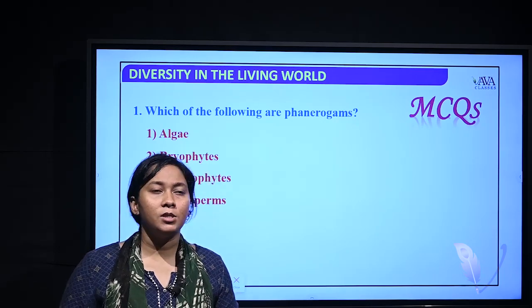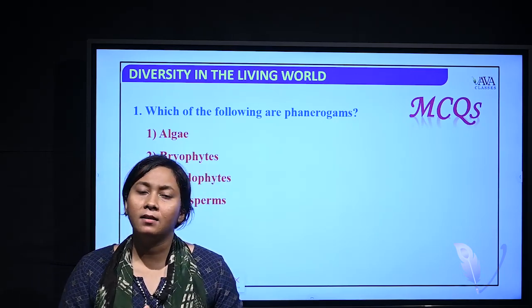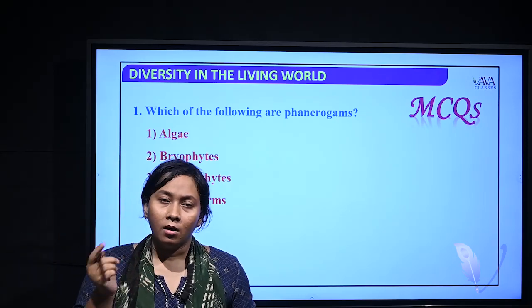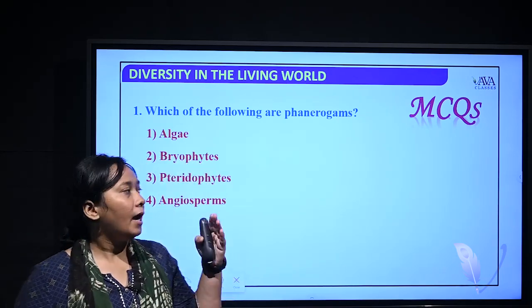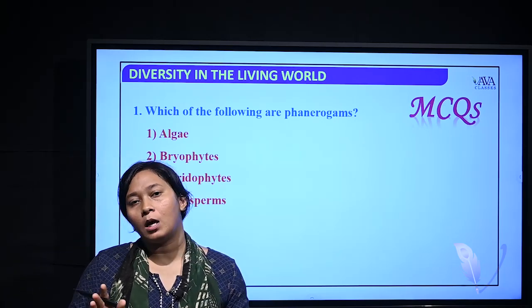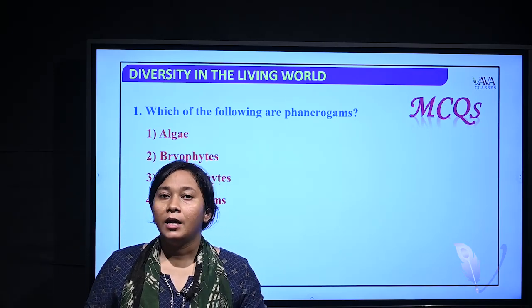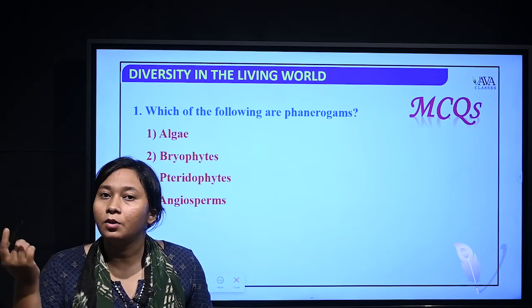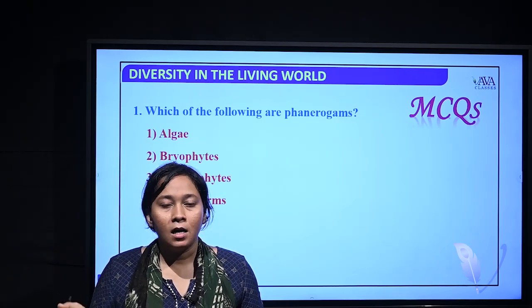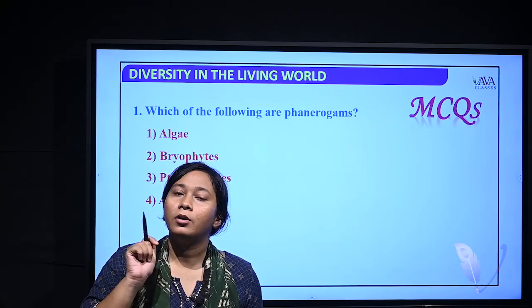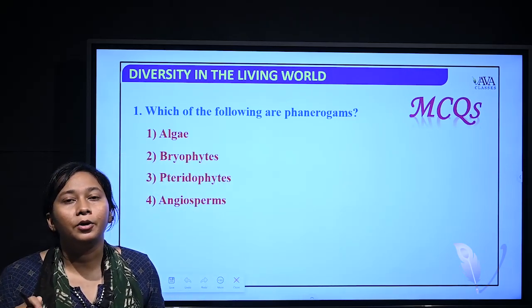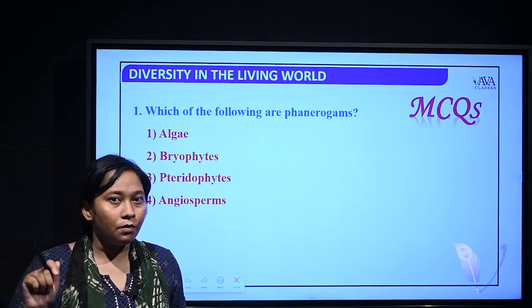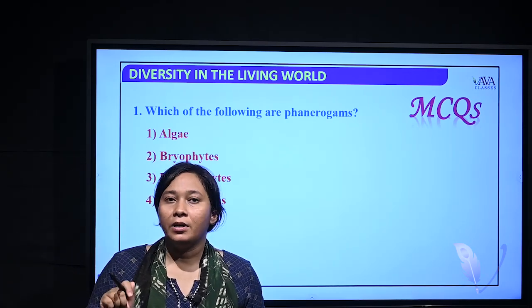In cryptogams, vascular bundle is absent except in the pteridophytes, and in phanerogams, vascular bundle is present. Phanerogams are otherwise called spermatophytes. Sperma means seed, and phyte represents plants, so they are seed bearing plants.